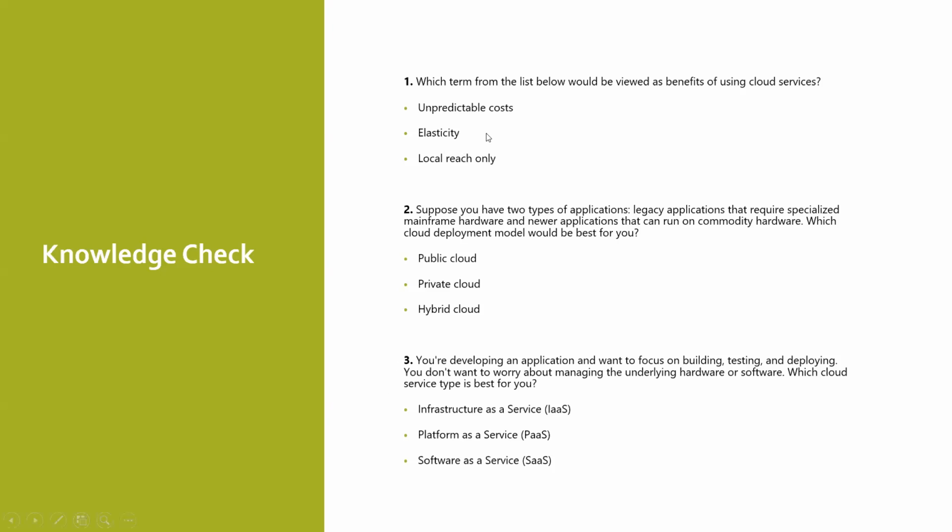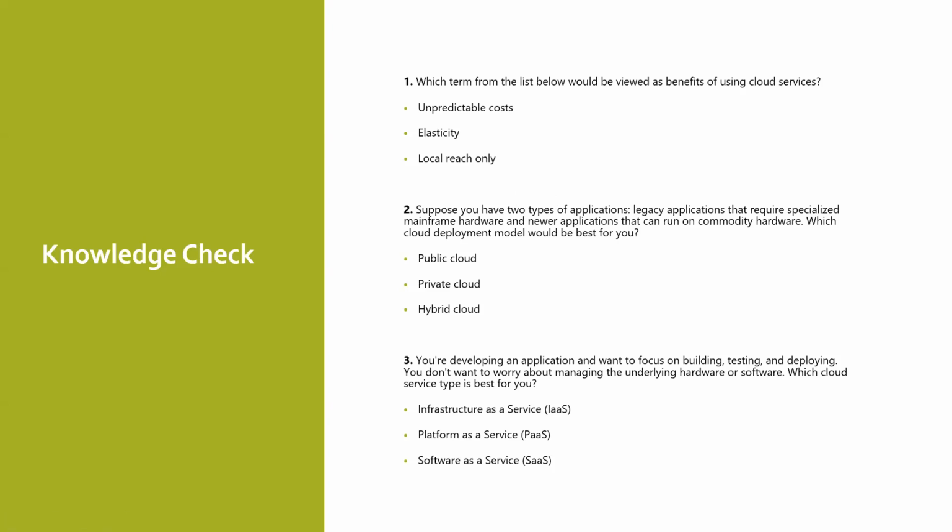Okay, let's say elasticity. When you have users accessing your web applications, they don't see any latency issues because you have a load balancer that distributes the traffic accordingly, and the scale sets will add instances based on demand. So elasticity is the right one.